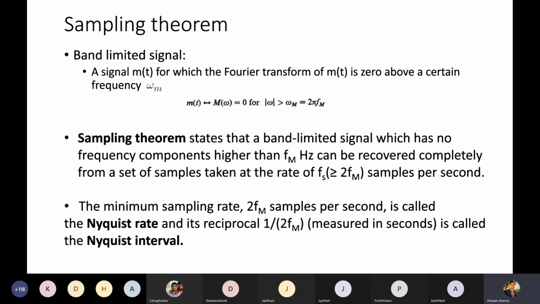If you undersample it, you do not follow the sampling theorem, this rule, you will not be able to recreate the original signal. There will be loss of data. So this minimum sampling rate, twice fm samples per second, is called the Nyquist rate, and the reverse of this, 1/2 fm, is known as the Nyquist interval. Okay, are we good so far?